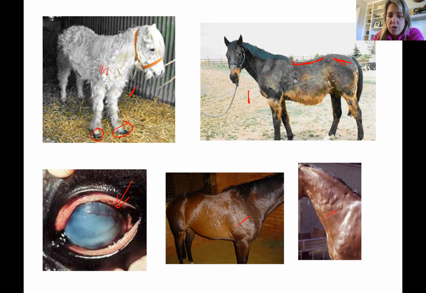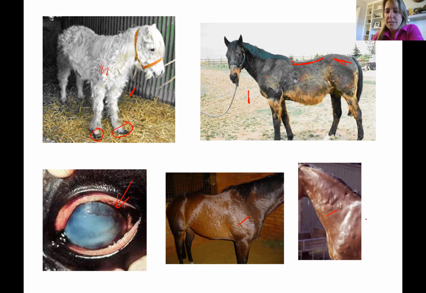This here is showing hives, urticaria, and this can happen because of insect bites or anything that the horse has touched outside, so paint or a tree or anything, or also something that he has inhaled, such as pollen, or something that he has eaten. So it can be exogenous, such as an insect bite, or it can be endogenous.